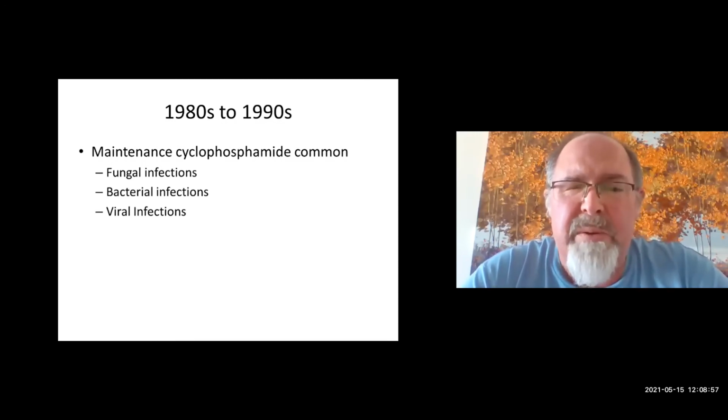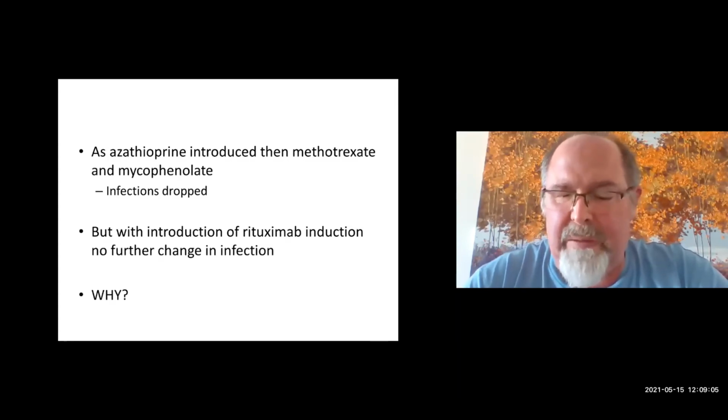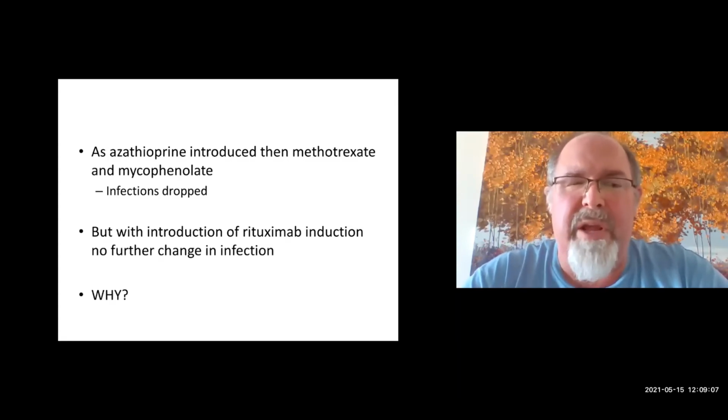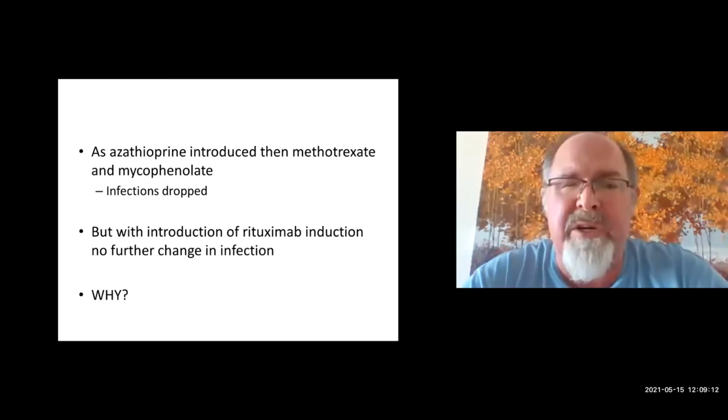We still use it. It still has benefit. It's still, in some patients, not that risky, but as an approach, it's not targeted. And then we saw, as azathioprine was introduced as a maintenance medication, then perhaps methotrexate and mycophenolate, we saw infections fall. So in other words, cyclophosphamide is much more immunosuppressive than other agents.